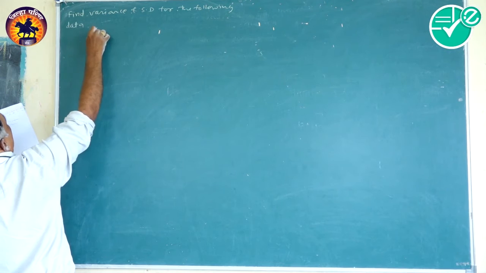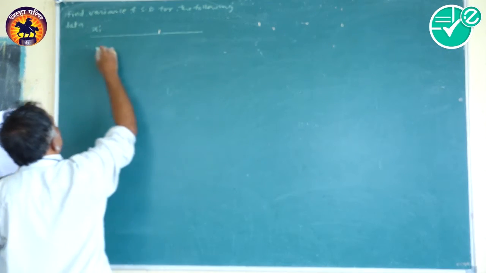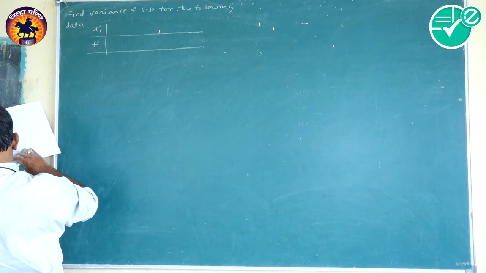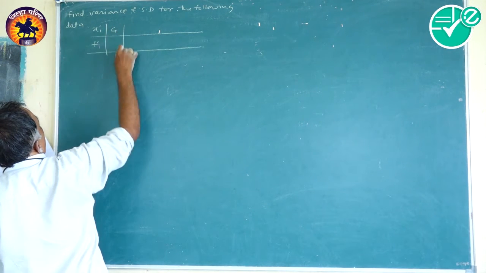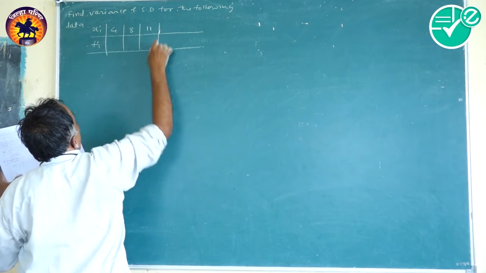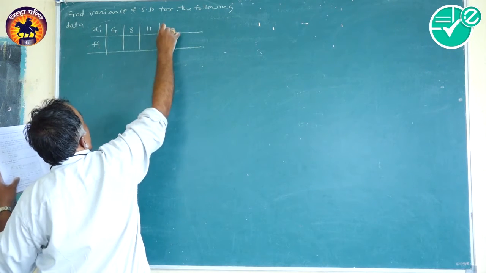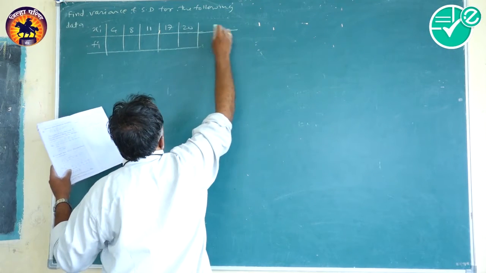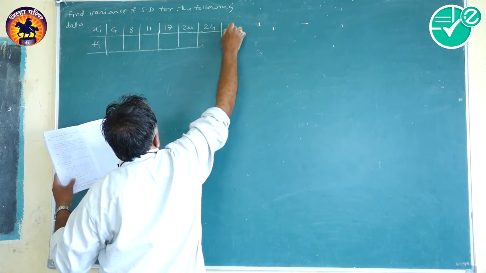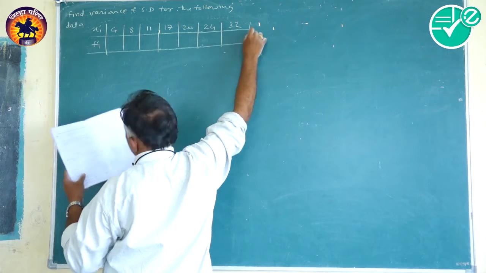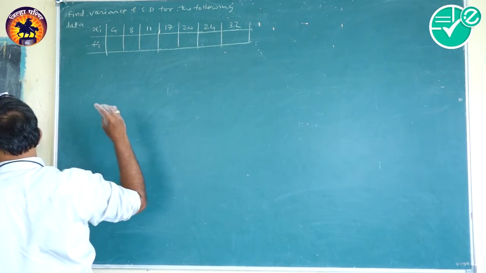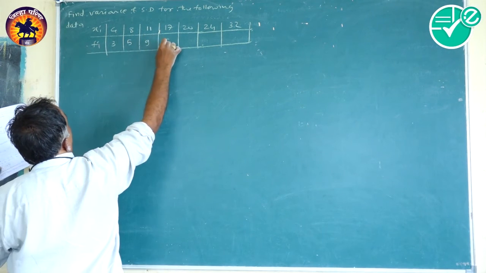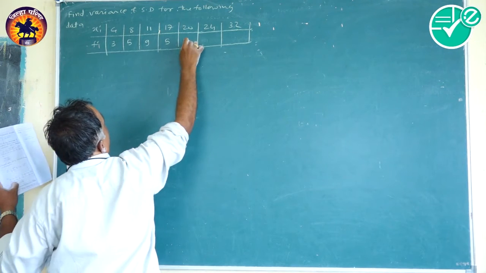Xi and Fi. 4, 8, 11, 17, 20, 24, 32. Let their frequencies be 3, 5, 9, 5, 4, 3, 1.